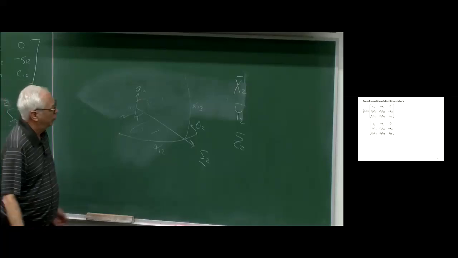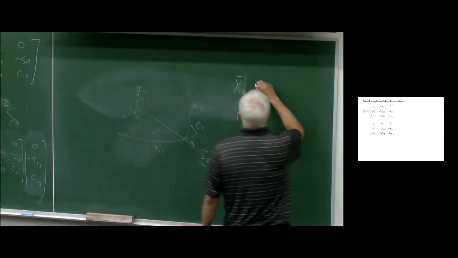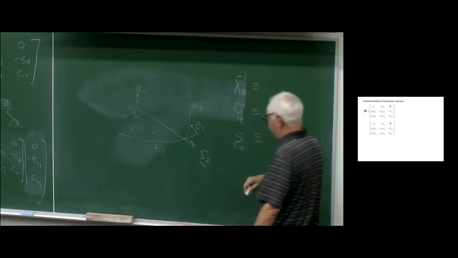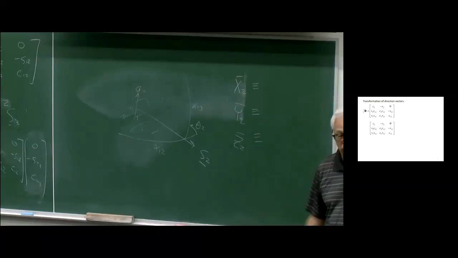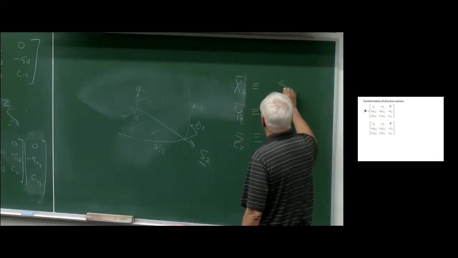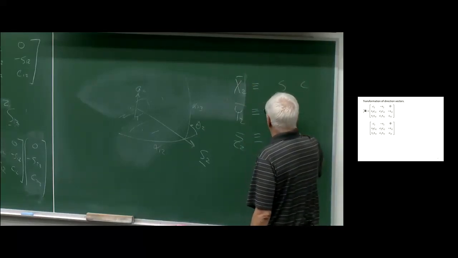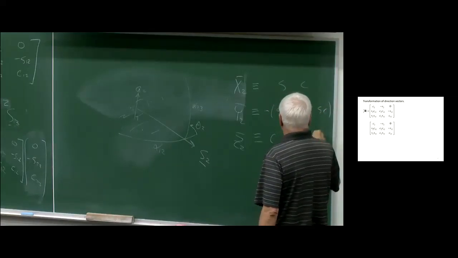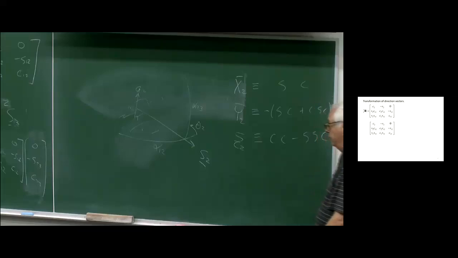So how do I remember what this notation is? I'm going to use an equal sign with a 3 on it to indicate it's a definition, and I did not do that in the book. I should have. And I have to remember, first of all, when I see this stuff, what's the pattern? SC negative, SC plus CSC, CC minus SSC. That's going to be our pattern. That's what we had over there.